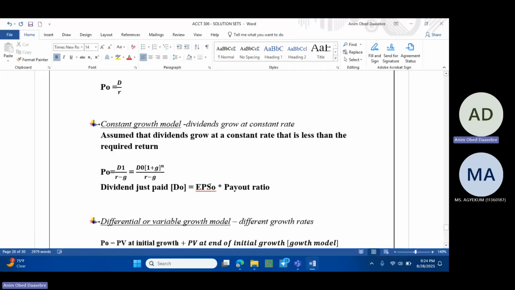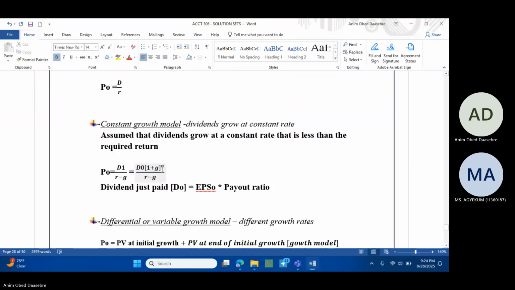The value shareholders receive on each share is what we term as earnings per share. So with that, you can get your dividend just paid, and then you can use it in this formula.